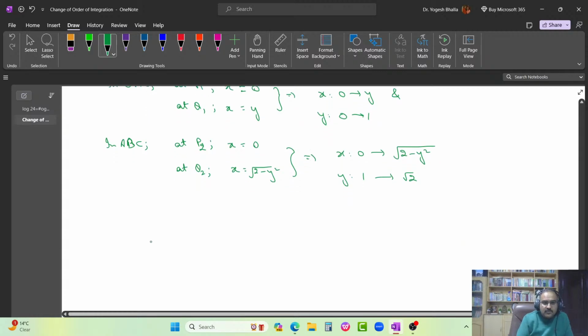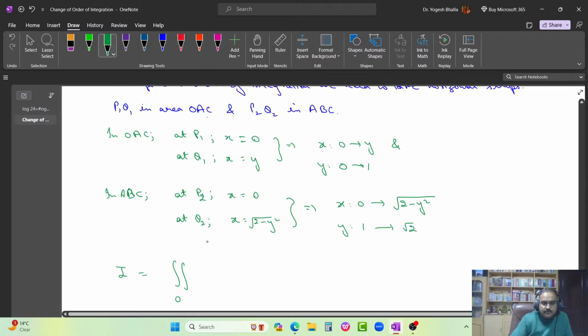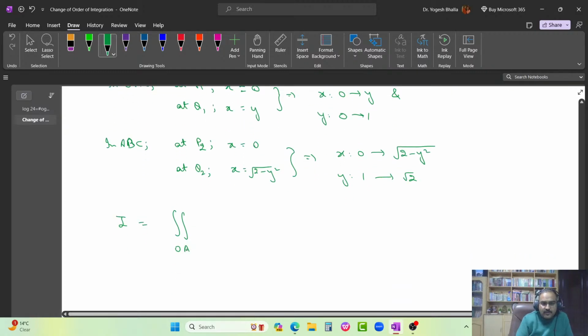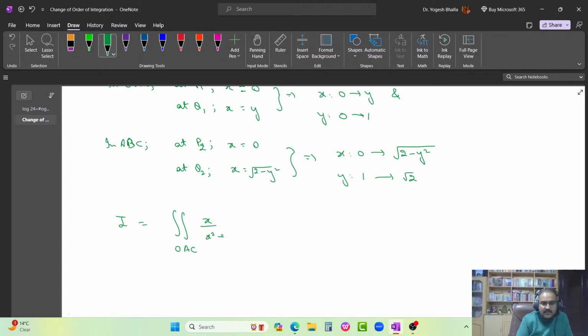Okay. So the given integral reduces to two parts: double integral over OAC of the function x over root of x square plus y square ds, plus double integral over ABC of x over root of x square plus y square ds.